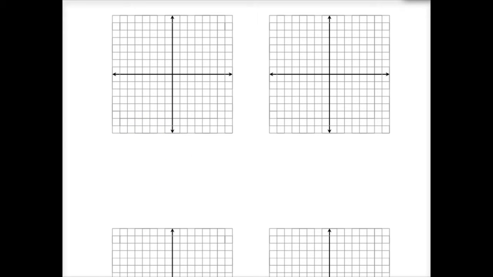So let's say we have negative 8x plus 4y equals, let's go with 24. So this is our equation. Again, because these are all linear, you could use any of these methods to graph this, but I want to make sure you know that table of values is always an option.